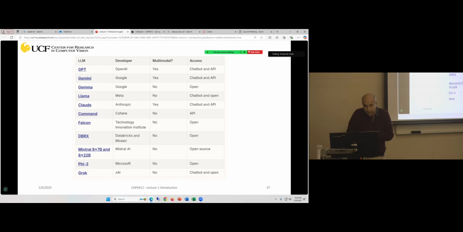Gemini from Google is also multimodal, Gemini 1.5 and different versions. Gemma is just text. Llama has different versions which are multimodal also. Claude is multimodal. Falcon. There are lots, Mixtral from Europe.